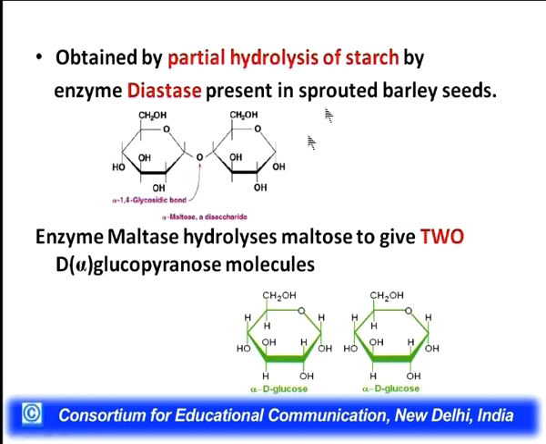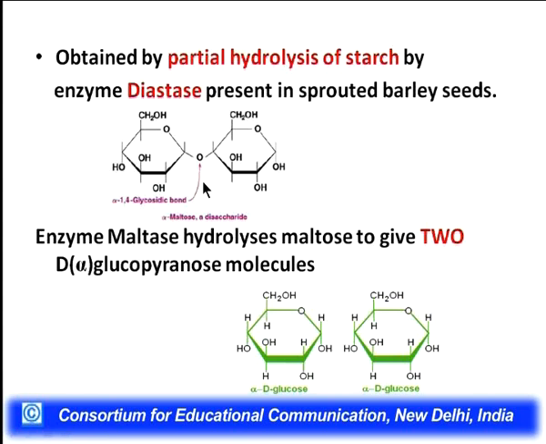In sprouted barley seeds, we carry out the hydrolysis of the starch present, with the help of the enzyme diastase.